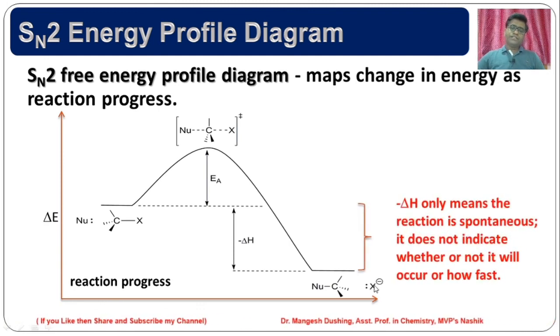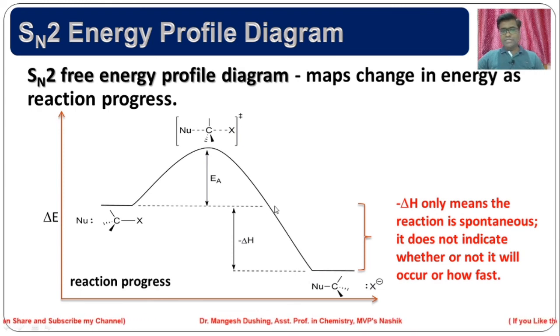In this case, the energy gap between the energy of the starting material and the energy of the product is called delta H. Here delta H is negative. It means that the reaction is spontaneous, though it does not indicate whether or not it will occur or how fast.